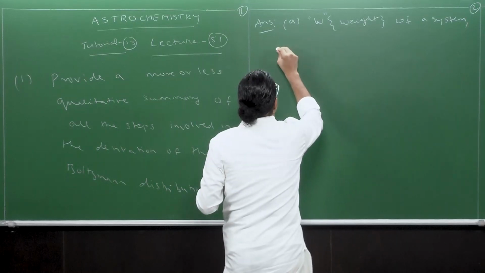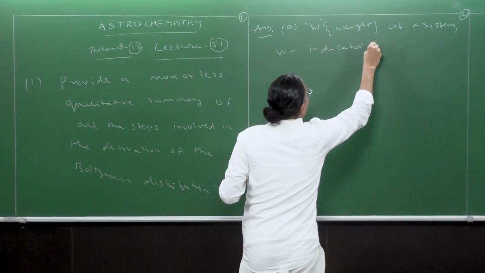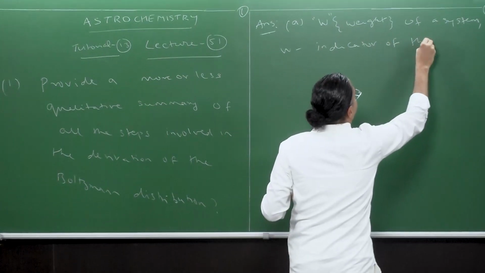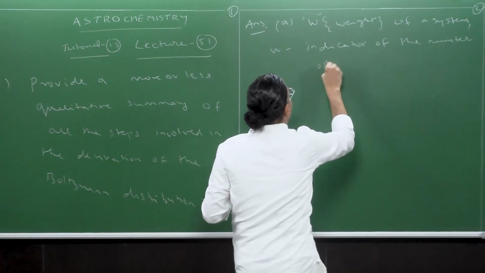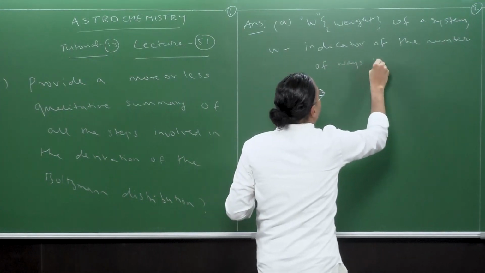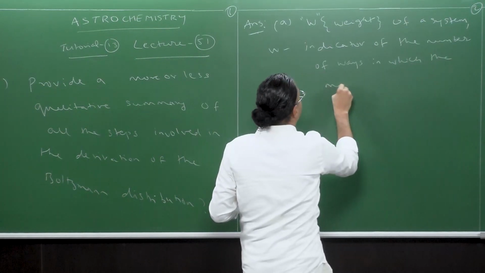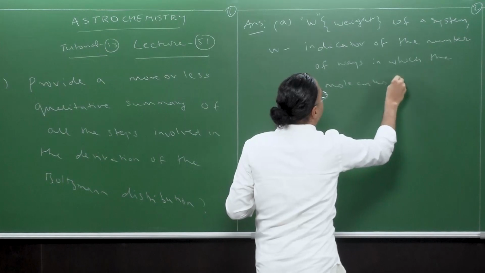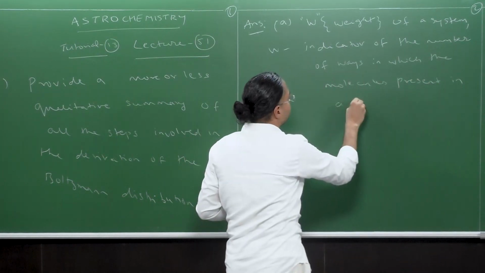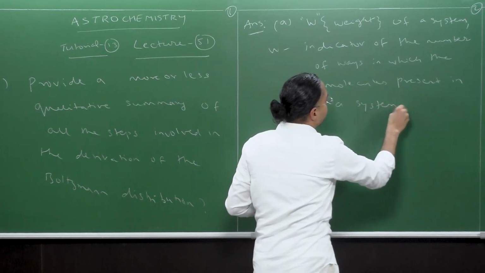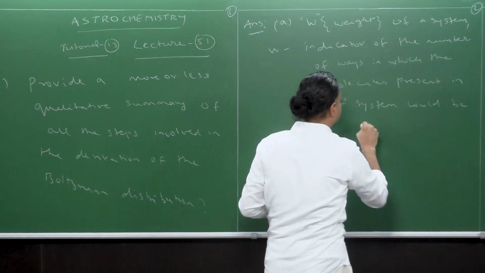W is an indicator of the number of ways in which the molecules present in a system could be arranged.